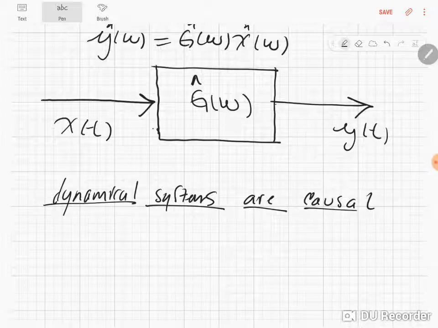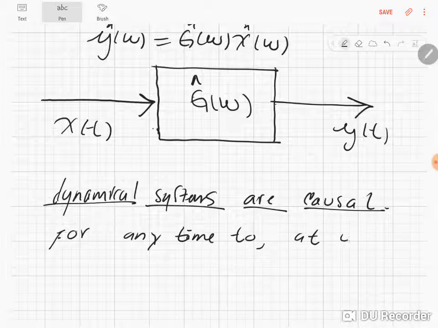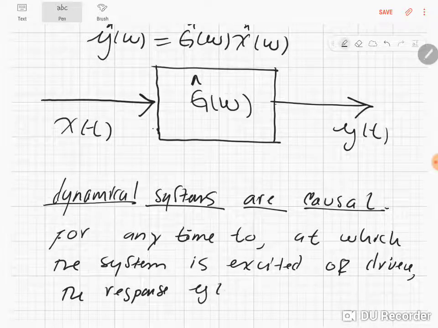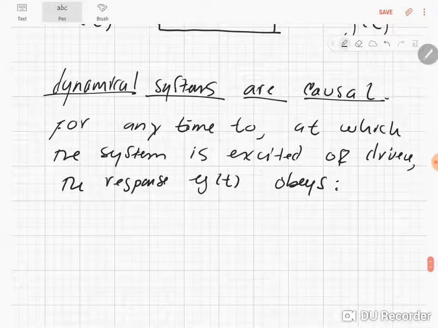Now, what does that mean? What that means is that for any time t0 at which the system is excited or driven, the response y of t obeys, what does the response y of t obey?